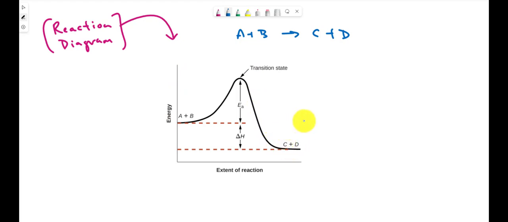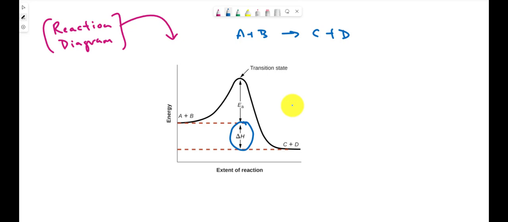So there's a couple really important concepts here that we want to take away. In chemistry so far, we have largely not considered this hump here. Really, we haven't at all. What we've thought about is this idea of an enthalpy change, or the difference in enthalpy, or delta H, between the bond energies of the reactants and the bond energies of the products.